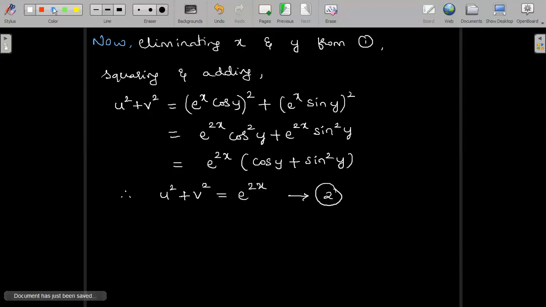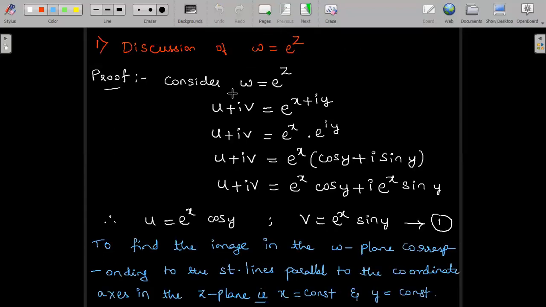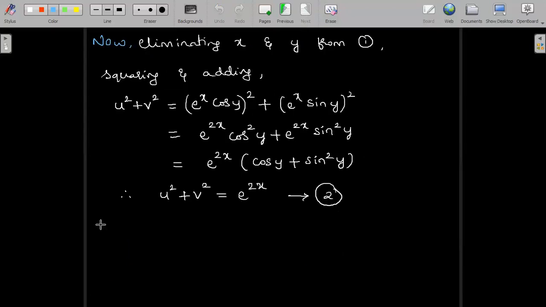Now in the same manner, we can divide one equation by the other. V by u, we can take from equation 1. So when we take v by u from equation 1, we will be able to eliminate the x term.